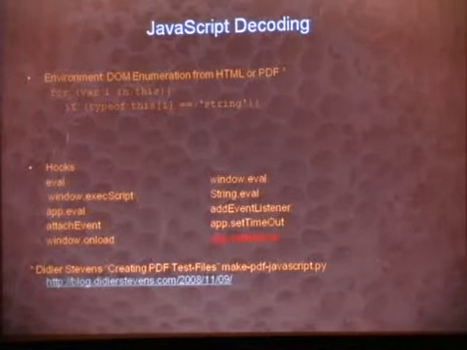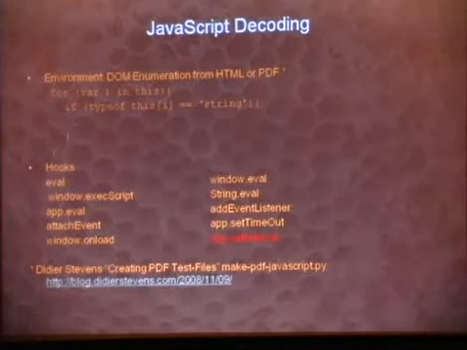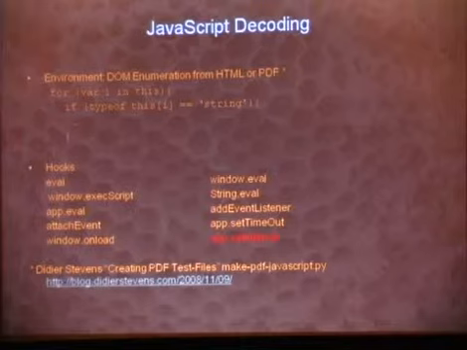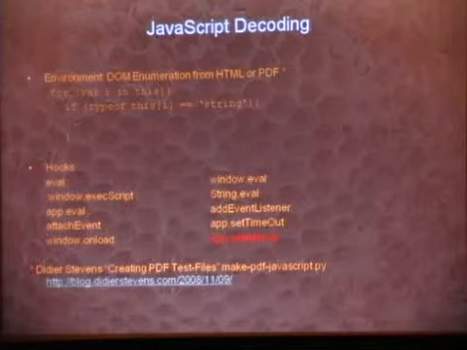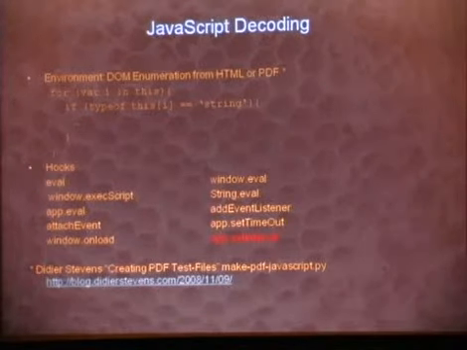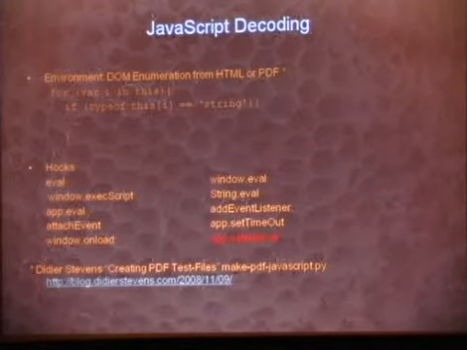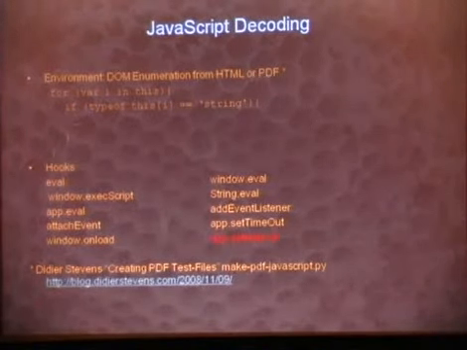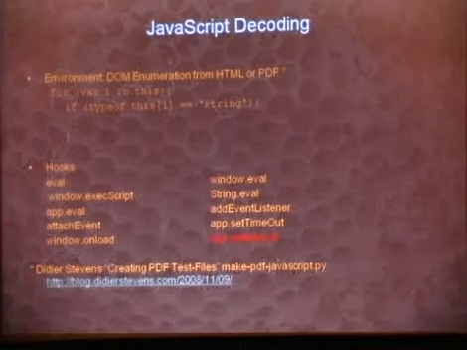To enumerate the environment of a real browser or the PDF engine, everything is treated as an object, so you can go through every variable of that object using this type of loop, and then print out that information whenever you need it. In this way, we can try and recreate the browser's environment as realistically as possible.